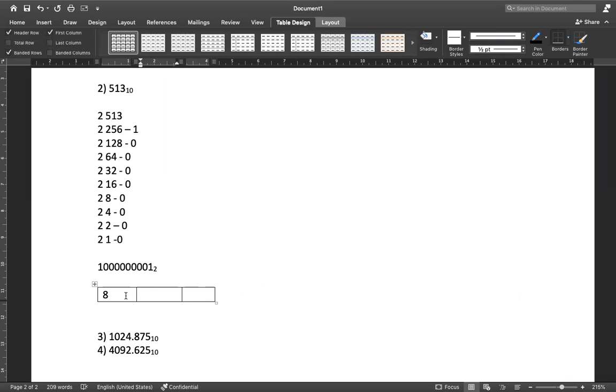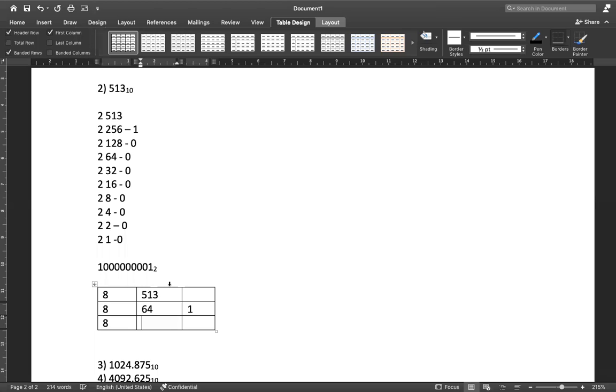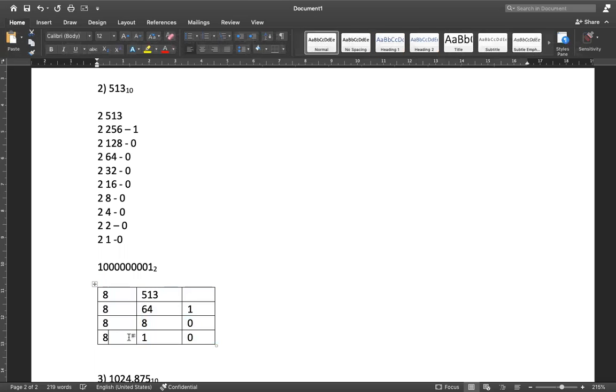The value is 513, and write the remainder. 513 divided by 8 is 64 and remainder 1. Then again divide by 8. 64 divided by 8 is 8, remainder 0. Then 8 divided by 8 is 1, remainder 0.